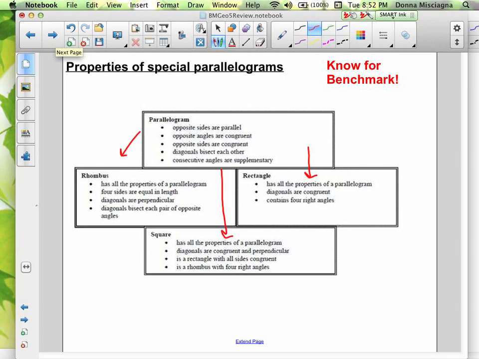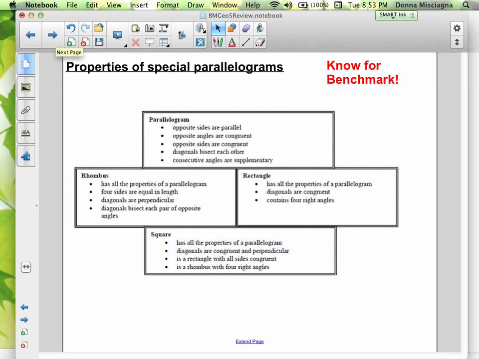But the rhombus, rectangle, and square have their own properties as well, and actually it has all the properties of the parallelogram right in those boxes there. So the rhombus has some special properties because all its sides are congruent. Because the sides are congruent, we end up with perpendicular diagonals and diagonals that bisect each of the opposite angles.